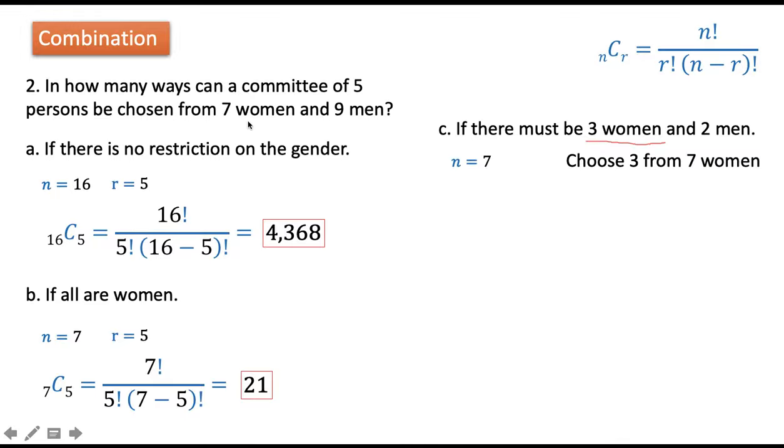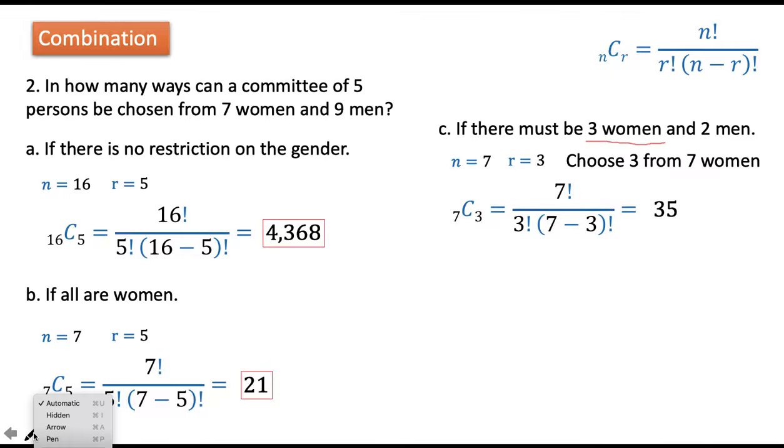That's the number of women in our given. And we want to get 3 taken r at a time from our given restriction. So we're going to substitute this in our combination formula, and the combination is 35.